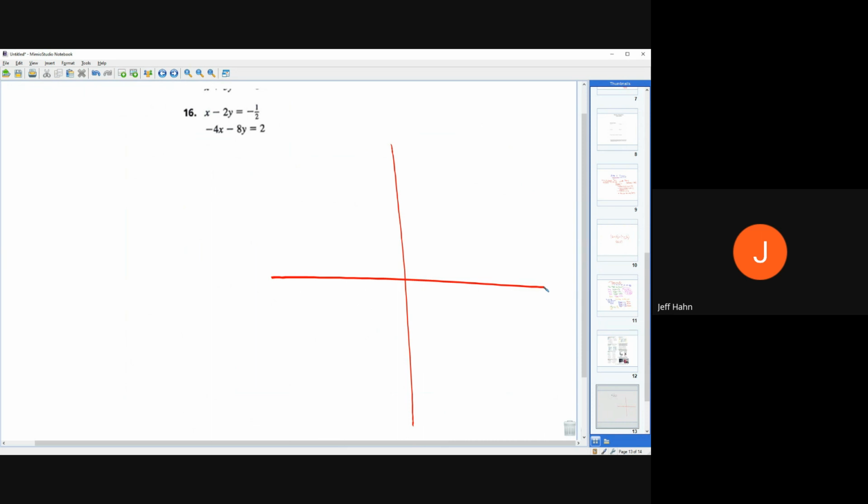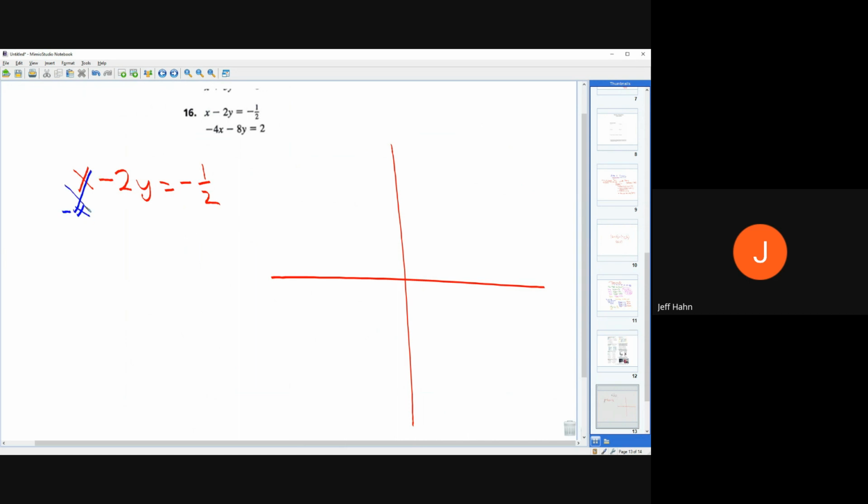Conrad, this is not going to be an easy thing to do in standard form. But if you solve it for y, you turn it into slope-intercept form, which should be maybe easier.